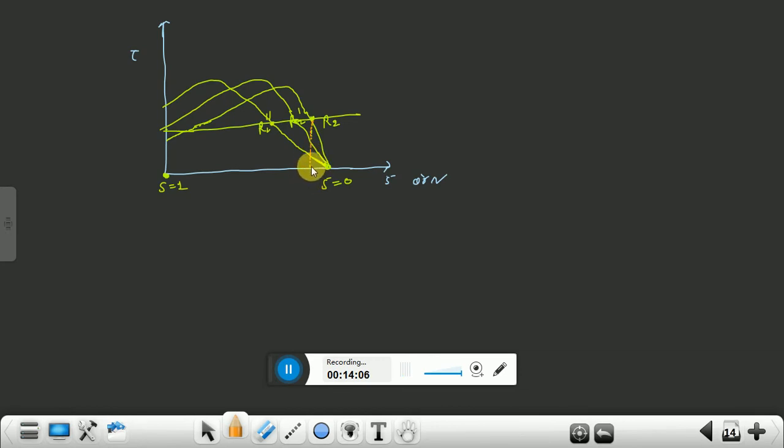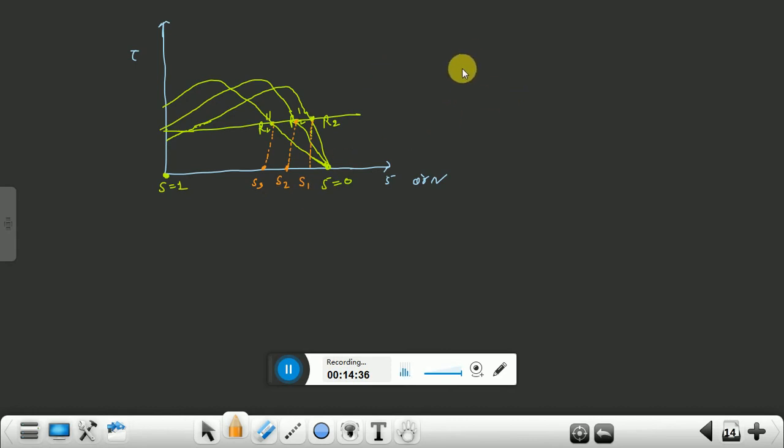So this is your slip corresponding to this R2 point. Suppose this is S1, and this is the slip corresponding to R2 dash, this is S2, and this is the slip corresponding to R2 double dash, so this is your S3.